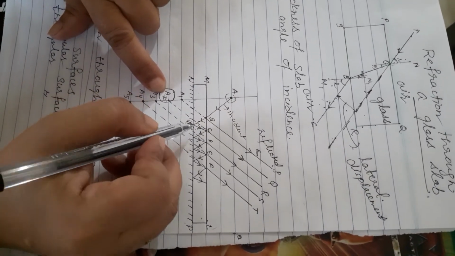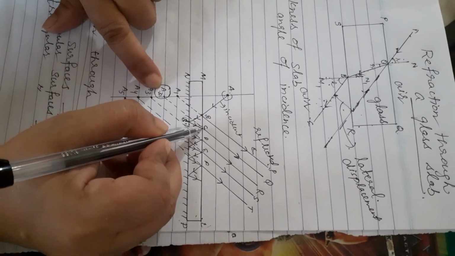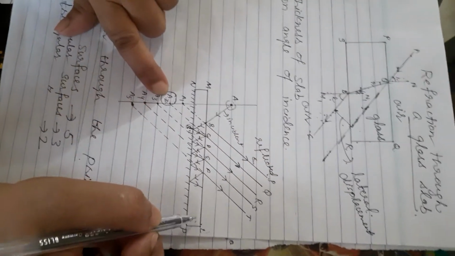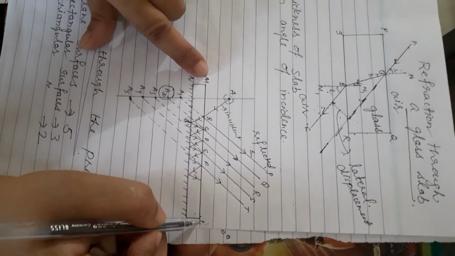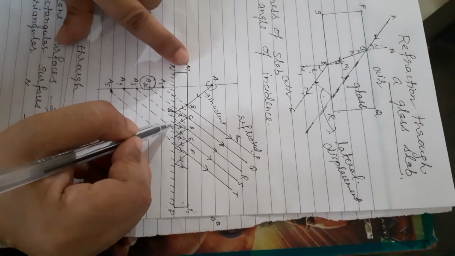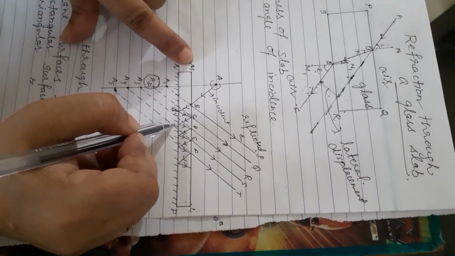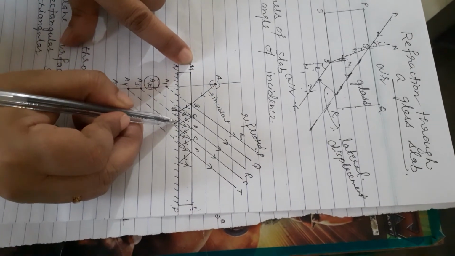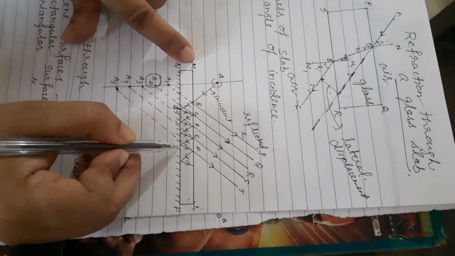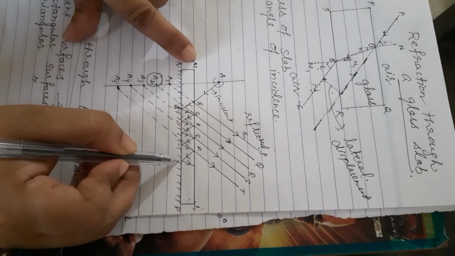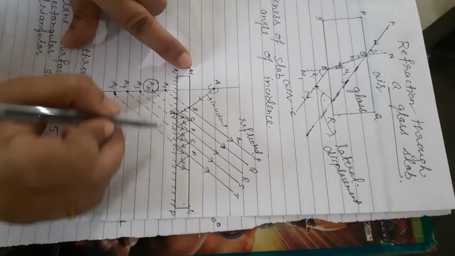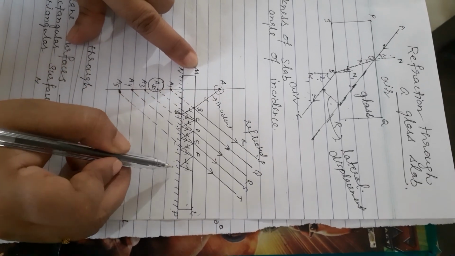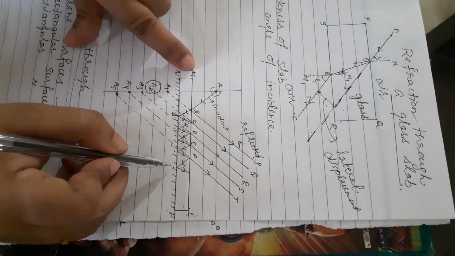Now this reflected ray will act as incident ray for the surface ML. Then C dash will be its second reflected ray. In the same way, reflection takes place here also, but these reflected rays will have less brightness.